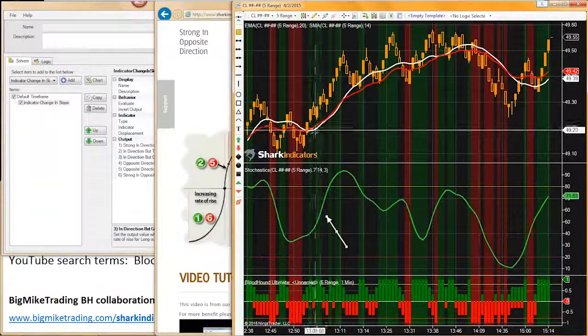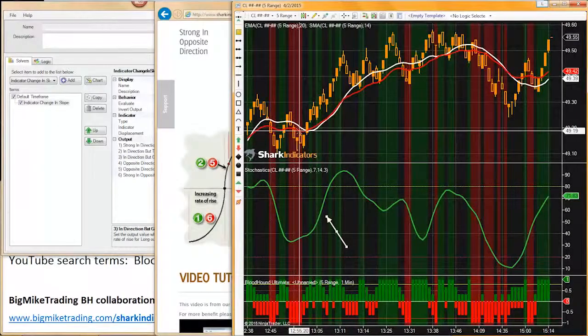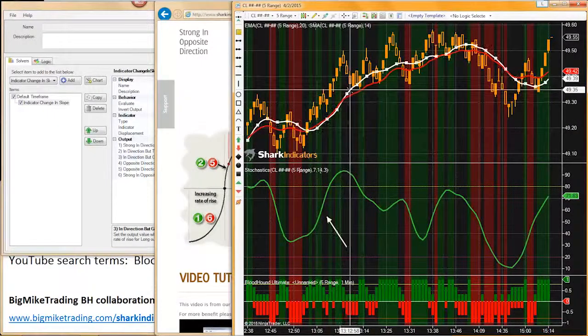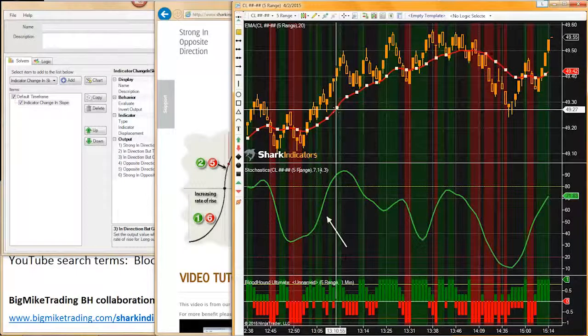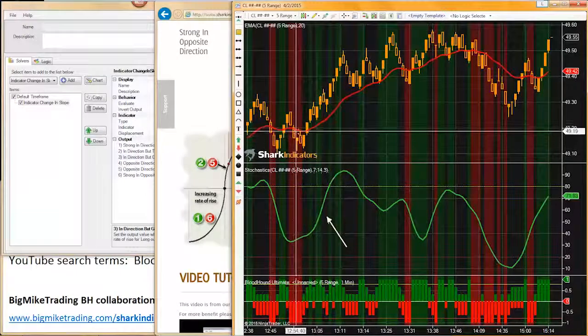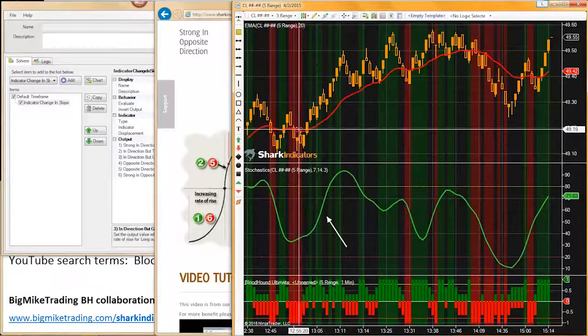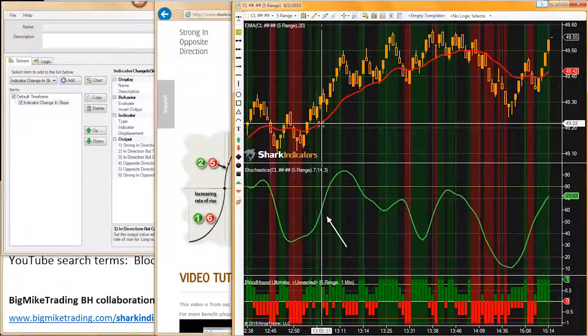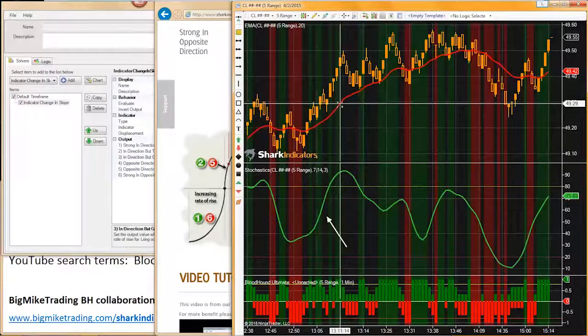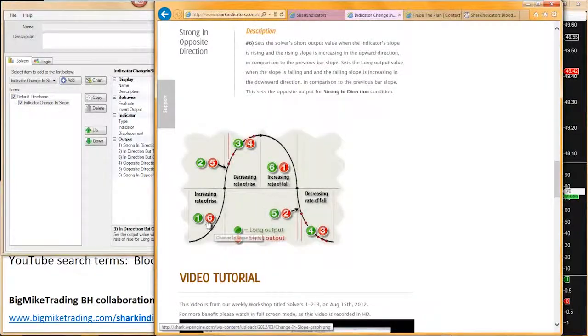Moving averages can do that too. How about if I get rid of the white one here and we just look at the EMA 20. We can see the EMA 20 is beginning to curve up, and the slope begins to steepen and steepen. So that's what the increasing section here is denoting.